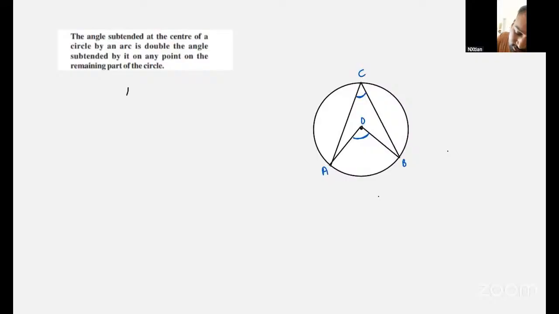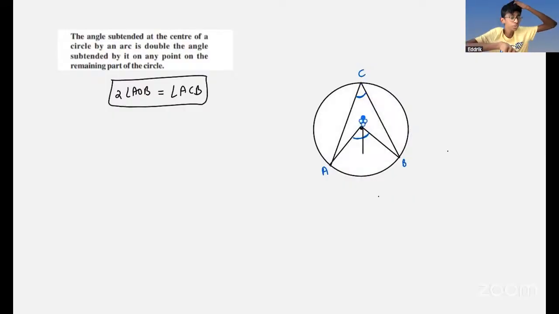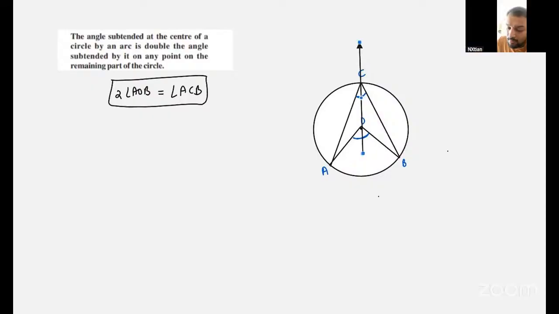We have to prove that angle AOB is equal to twice angle ACB. That is, 2 ACB is equal to AOB.